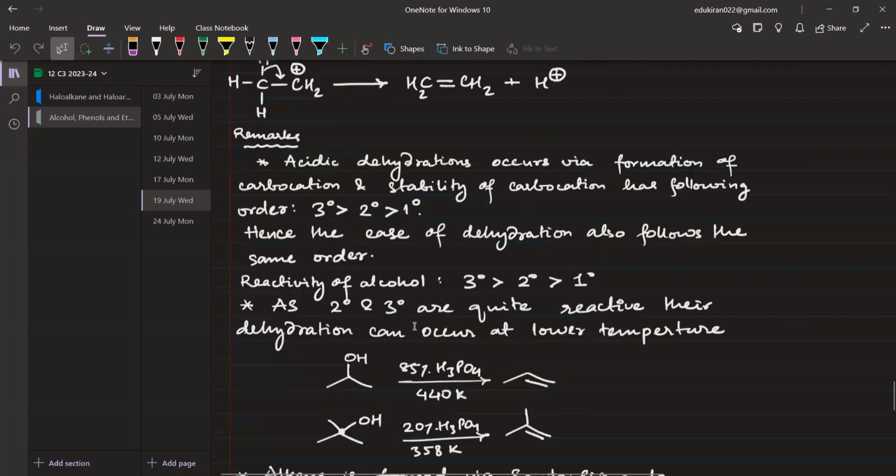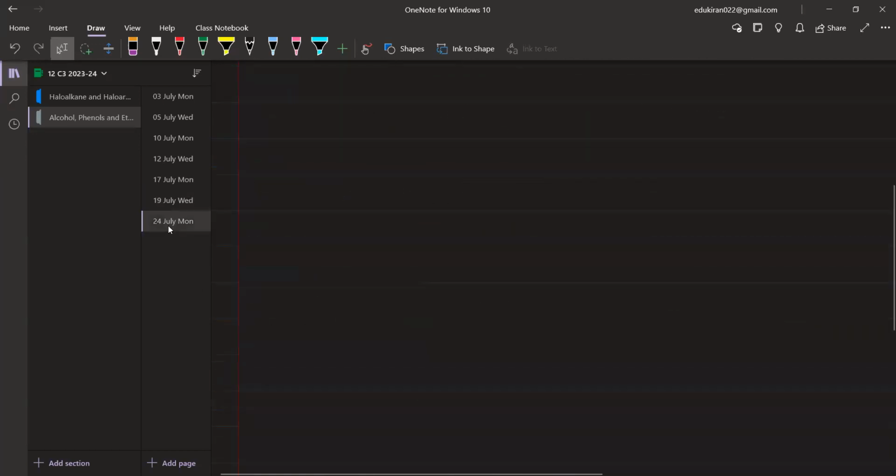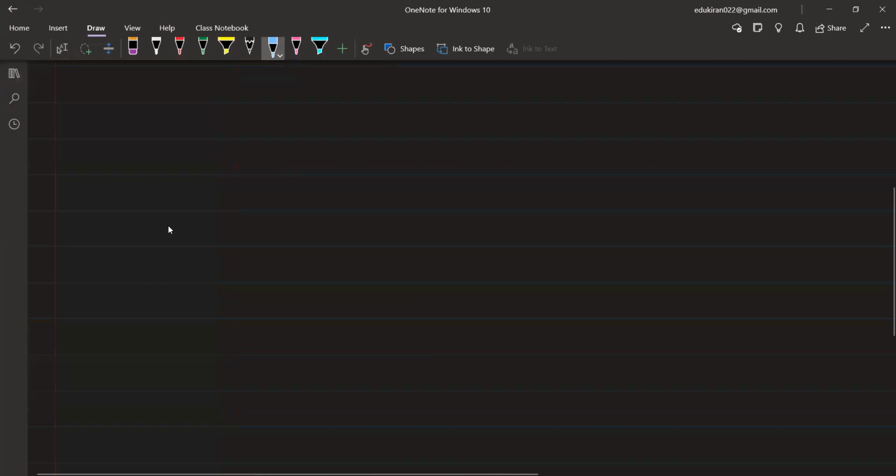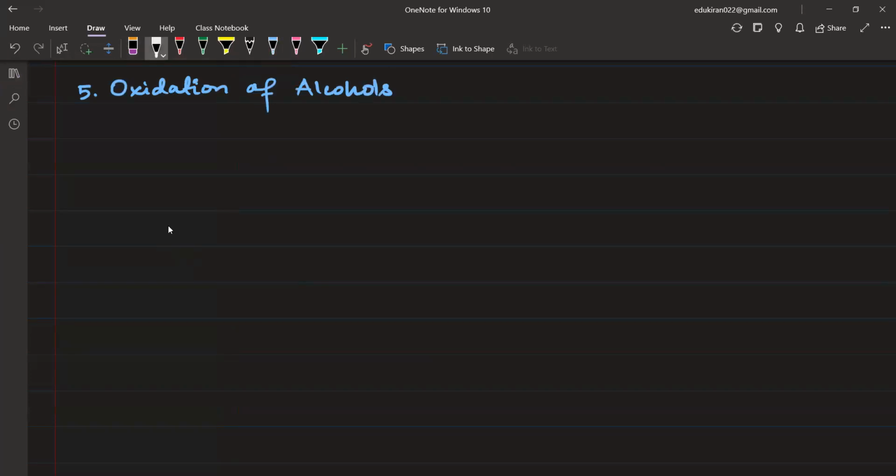Fourth, fifth one. Right? Oxidation of alcohols.